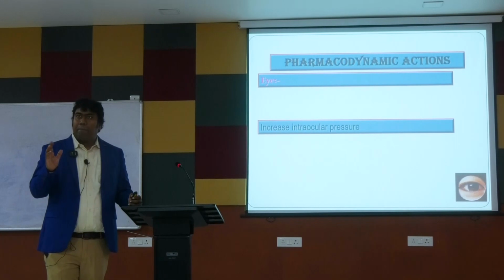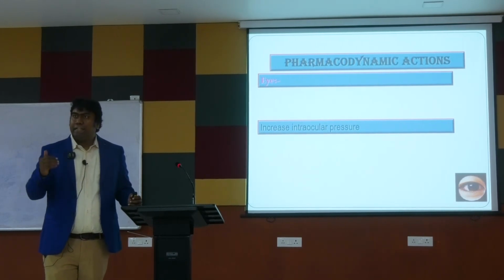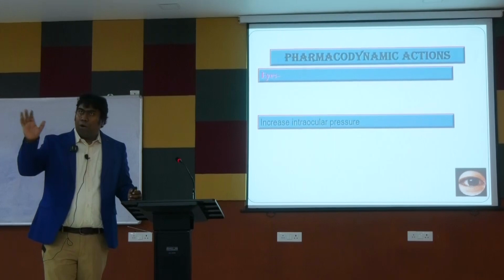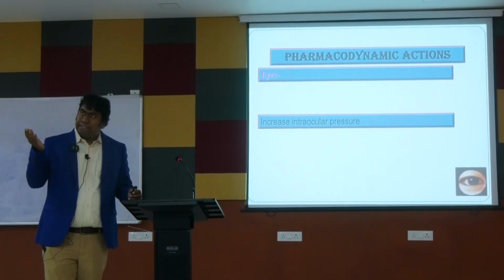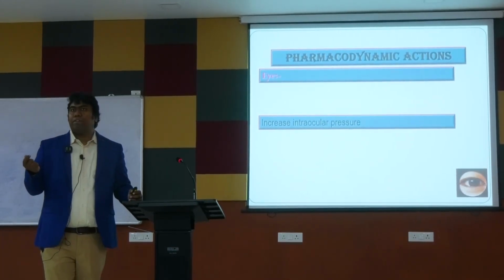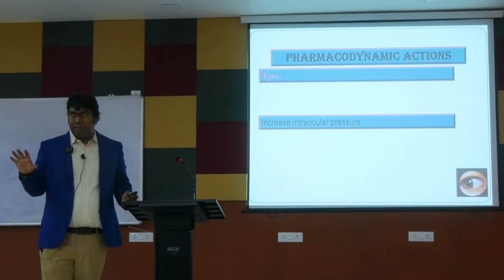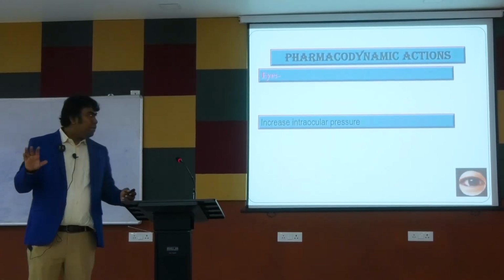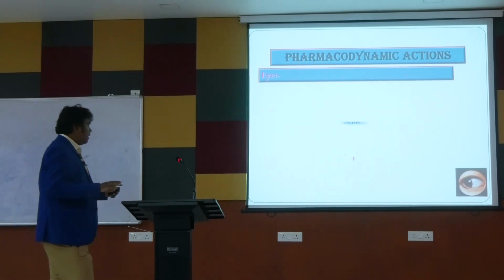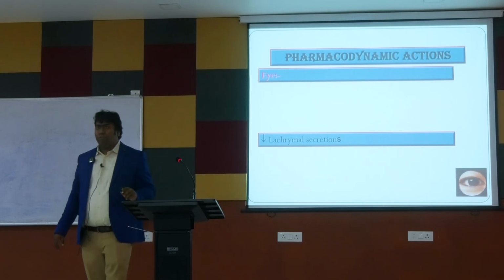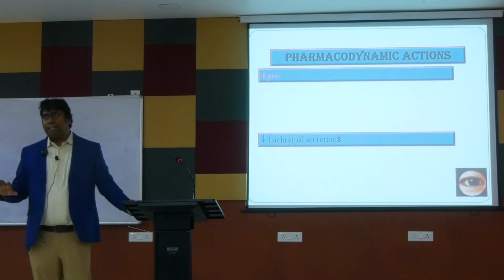If we give some atropine substitute, does it increase or decrease? Already the IOP is increased. If we give some atropine substitute, it leads to worsening. Lacrimal secretion is reduced. So all secretions are reduced.